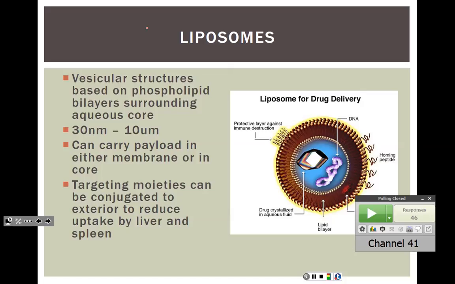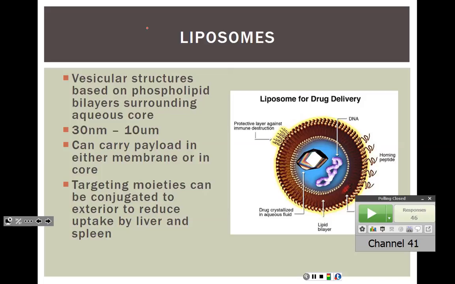They still have a phospholipid bilayer membrane, but there's nothing on the inside. The attractive features of a liposome are that you can stick drug on the inside, aqueous drugs you can stick on the inside. You can stick drugs within this membrane if they're non-aqueous, right? If they are highly lipophilic, you can stick them inside the membrane.